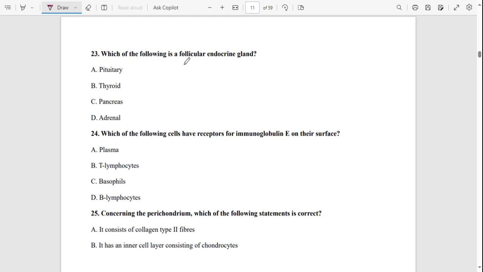Which of the following is a follicular endocrine gland? Of these, the thyroid gland does have follicles. The pituitary gland is going to have the exocrine part and also the endocrine part. When you talk about the endocrine, it is the one which releases its contents, that's endo, into the blood system, and the exocrine is the one which does not.